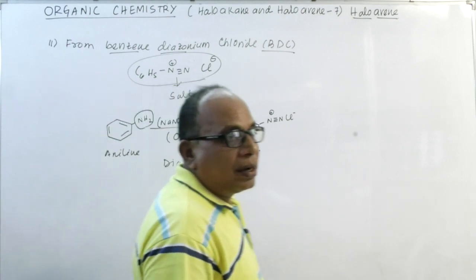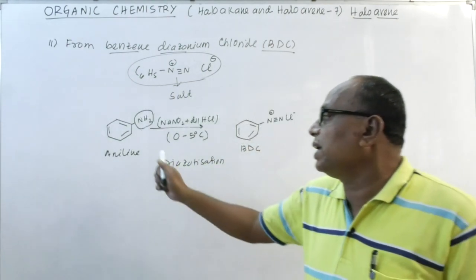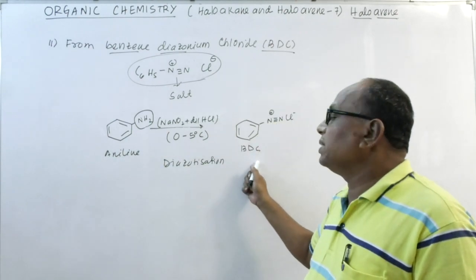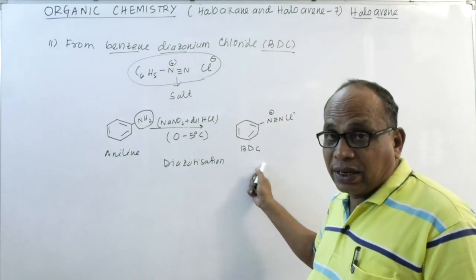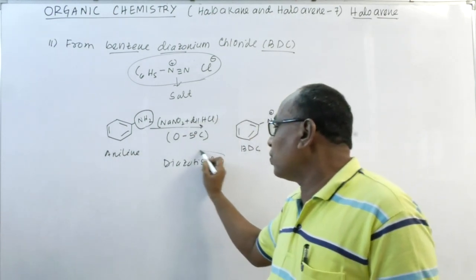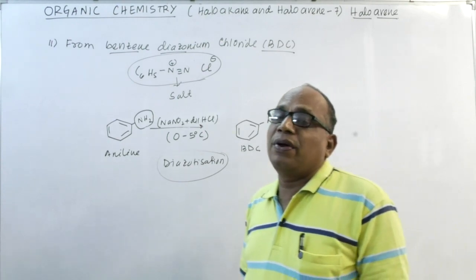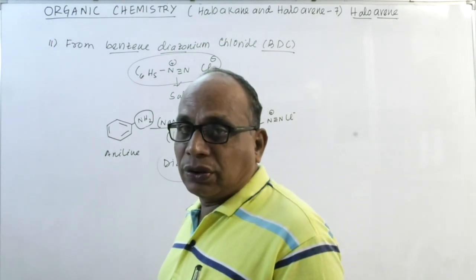What is it called? Diazotization. It means first the aniline is converted to benzene diazonium chloride, and the conversion of aniline to benzene diazonium chloride is known as diazotization, meaning formation of a diazonium salt.